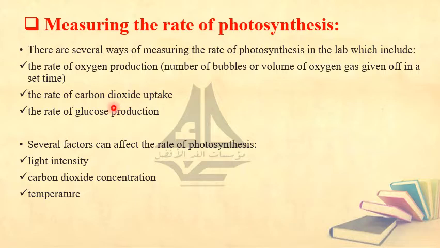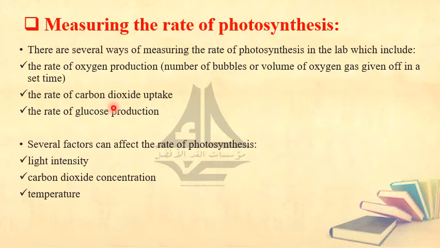If I've given you a document containing a green plant and all the necessary conditions for photosynthesis are available, and I've given you a graph showing the rate of carbon dioxide decreasing, what can you conclude from such information?